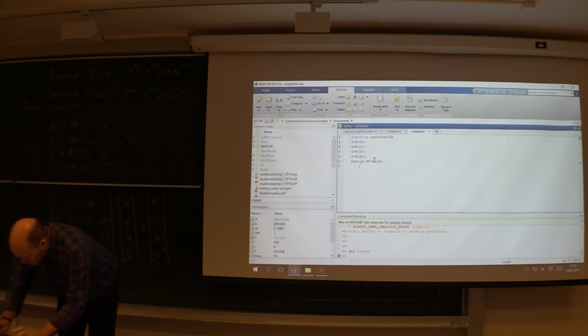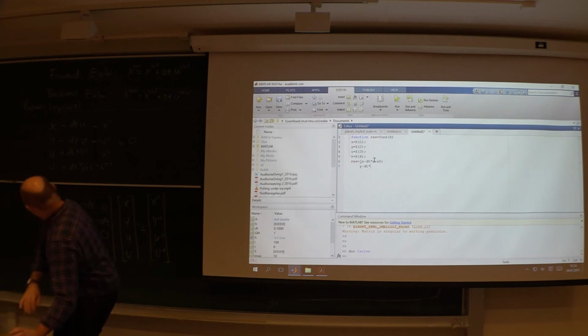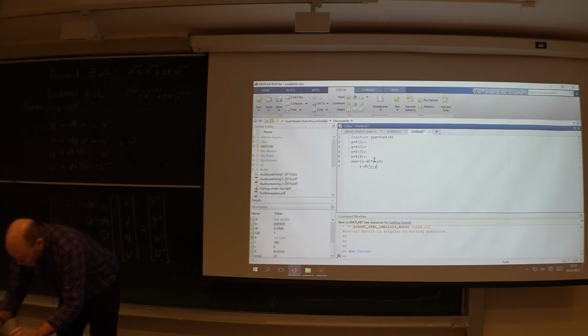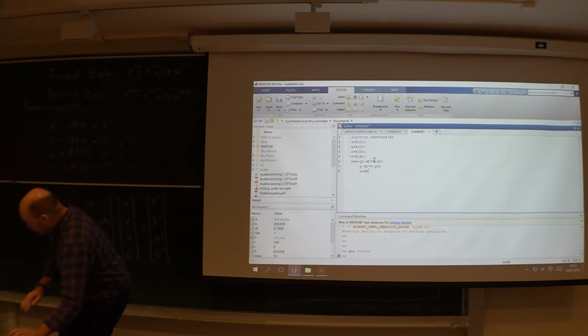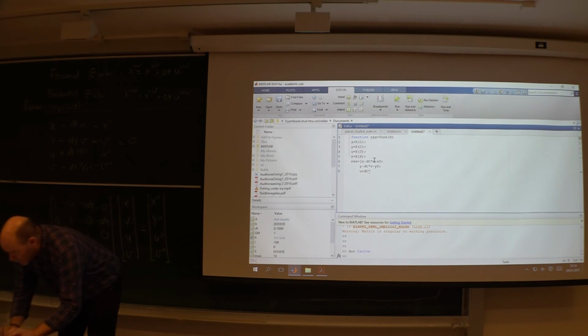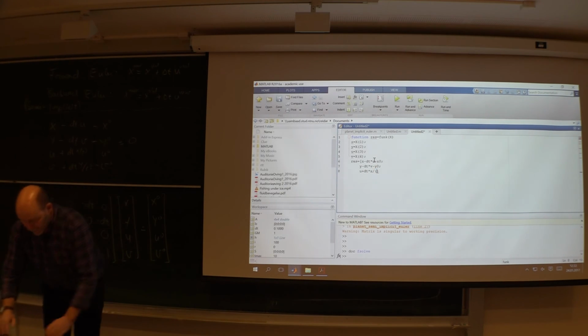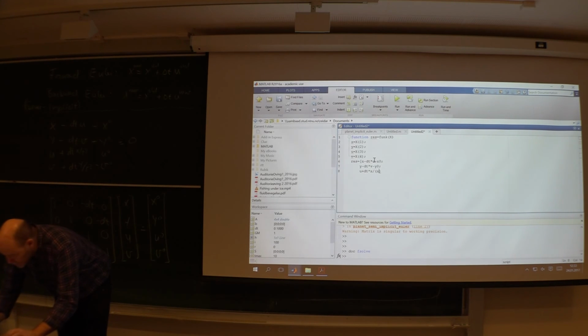Next equation, y minus dt times v minus y old, and so on. u plus dt multiplied with x divided by, and here comes the pain. We have x squared plus y squared to the power of 3/2, like that.